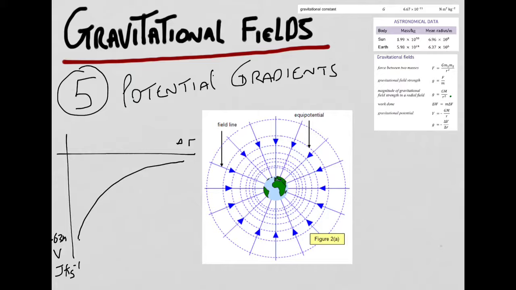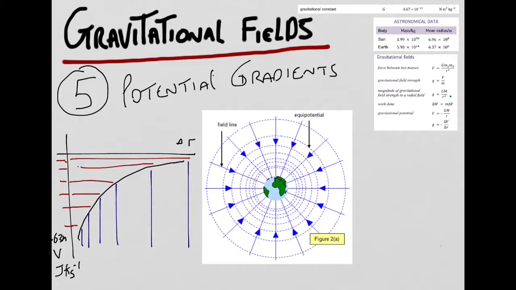Now, as I explained before, when you look at the idea of gravity wells, if you were to take points on here of equal potential difference, so say these are points of change of 10 V each time, and you were to mark them across onto this side, what we would see is that the points where we would intersect here would start off close together, but as you moved away, get further and further out.